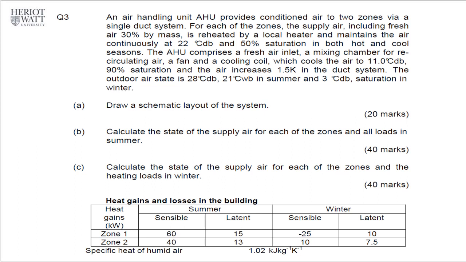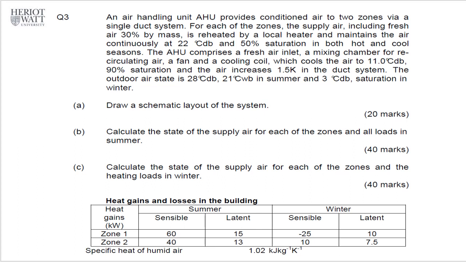Now, this is a typical example of one air handling unit providing cooling and heating for 2 zones. The air going into the air handling unit comprises 2 parts. One is 30% fresh air by mass, and the rest will be the return air. The room condition is maintained at 20 degrees dry bulb and 50% saturation for both seasons.